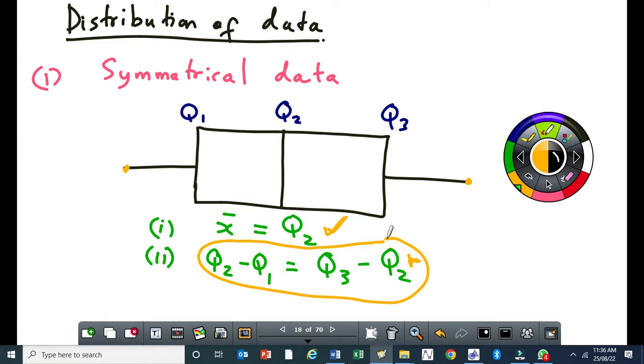Just to avoid confusion, number one is the basic criteria for symmetrical data. So that's clear to everyone. Number one is the best criteria to determine whether the data set is symmetrical or not.